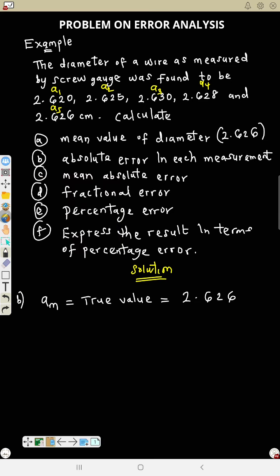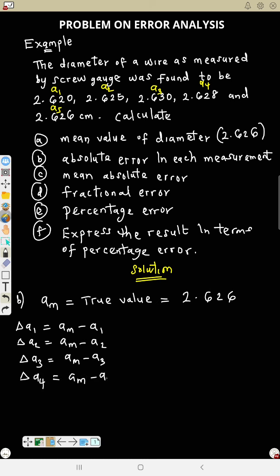So now take the difference. In this case, delta A1 equals AM minus A1, delta A2 equals AM minus A2, delta A3 equals AM minus A3, delta A4 equals AM minus A4, delta A5 equals AM minus A5.